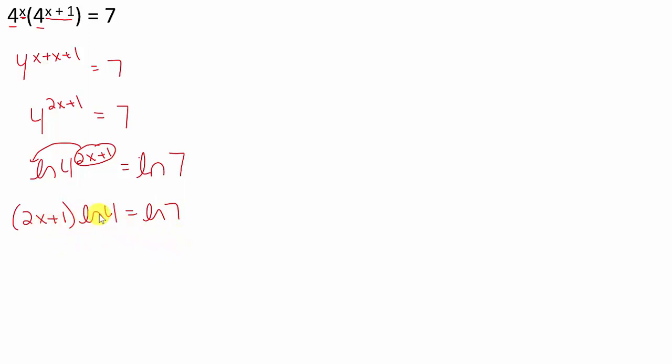From here, you could distribute this in, but I'm going to go ahead and divide by the natural log of 4, which gives me 2x plus 1 equals the natural log of 7 over the natural log of 4. You could do this math in your calculator and work with the decimal, but I'm going to wait until the end to type it in. So I'm going to subtract 1 from both sides.